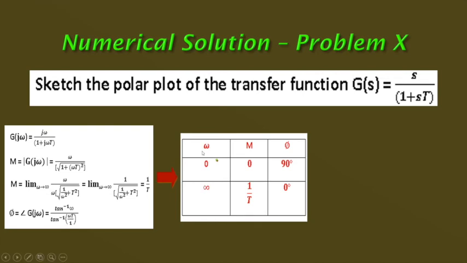Then find the magnitude and phase angle when omega equal to 0. Omega equal to 0, that means the magnitude is 0. But when omega equal to infinity, what is the magnitude? Infinity divided by infinity, that means undefined.